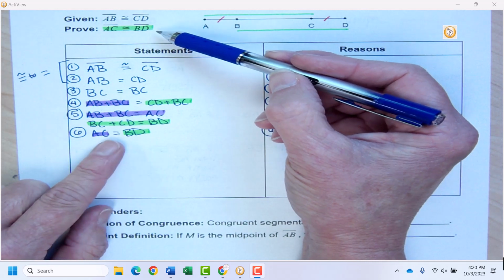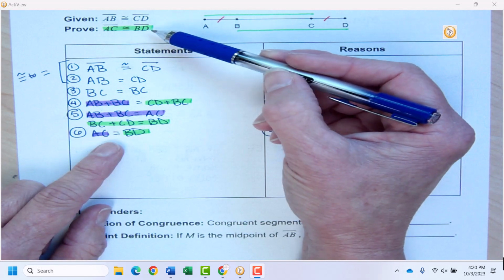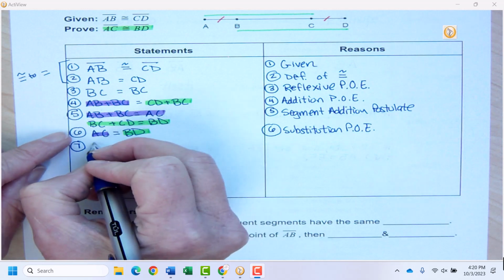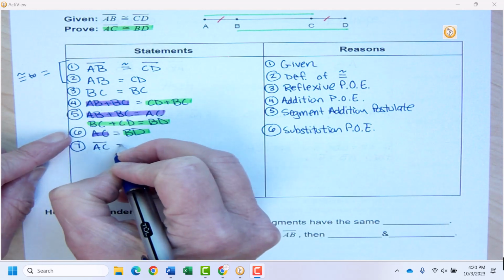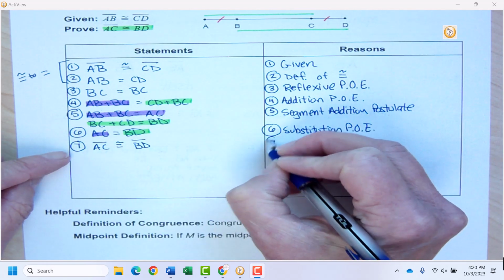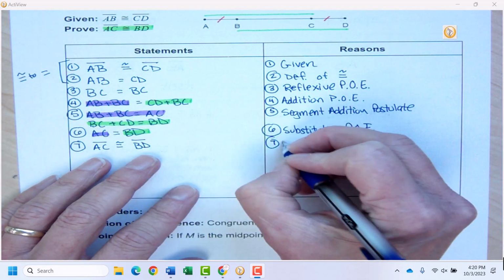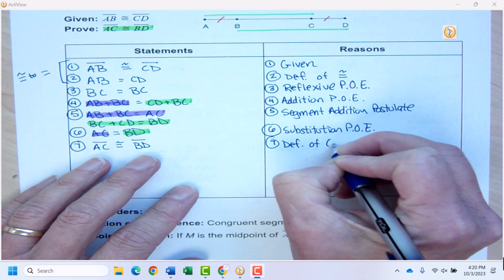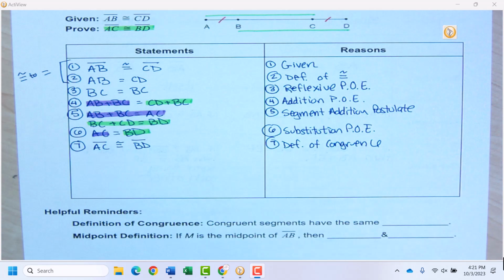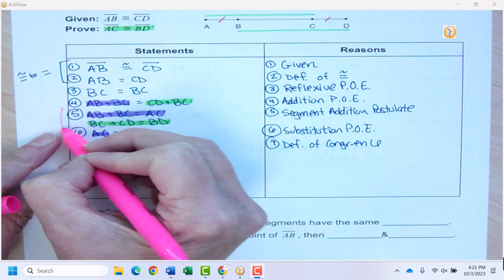So hopefully you can see the one last little step that I need to take to get step 6 to look like this. All I have to do is go ahead and get to that final statement. And the reason that allows me to go from that to that is the definition of congruence again. So we wanted to use the segment addition postulate, and that's what we did right here.